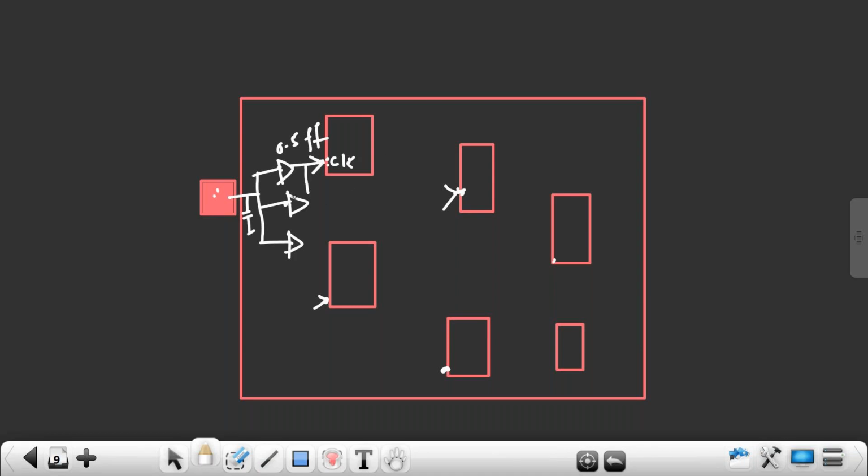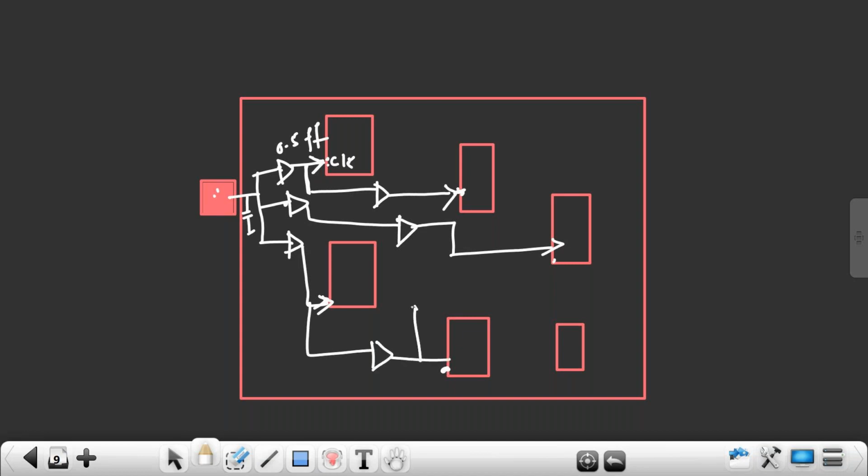So here the net length is longer, right? If net length is more, again it will result in more capacitance. To split this net length, again you use one buffer here. Again one more buffer you use, connect to this. This you can connect directly. Take this, use one buffer, connect here. Take this, use one buffer and connect here. Why am I using buffers in between again? To reduce what? Net length.